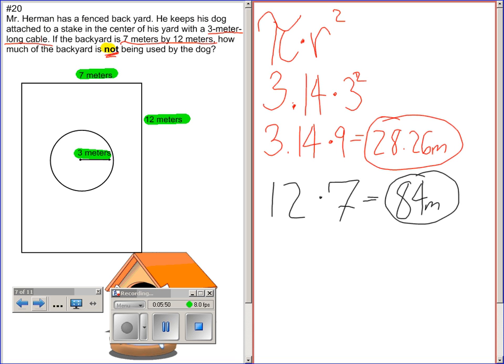Now, to find the amount of the area the dog is not using, we will subtract 84.00 minus 28.26.